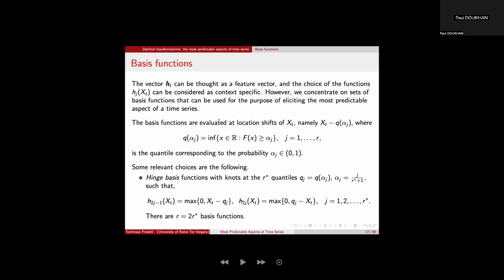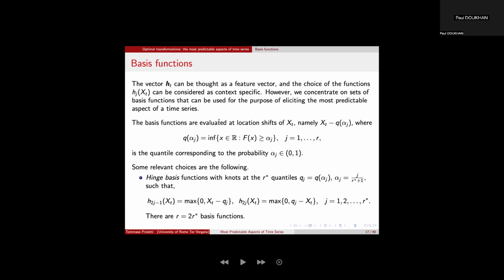One is a set of hinge basis functions, and the other is a set of logistic basis functions. These basis functions have this characteristic: they are evaluated at a location shift of XT, so they apply to XT minus a quantile of XT. This denotes the alpha j quantile of the marginal distribution of XT.